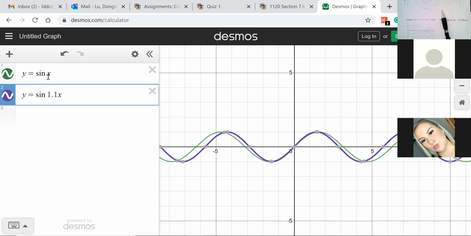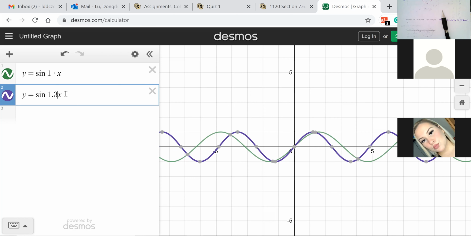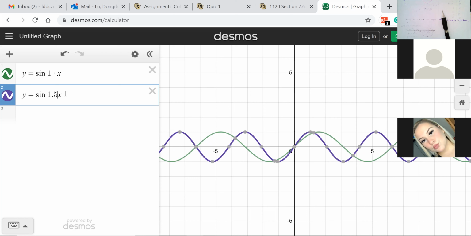Here's 1x, right? Here's 1 times x. We will gradually increase the number: 1.2, 1.3, 1.4, 1.5. Just look how the line changes.